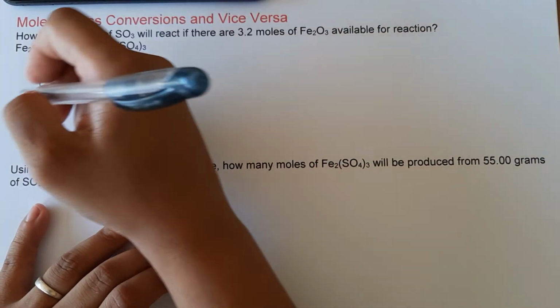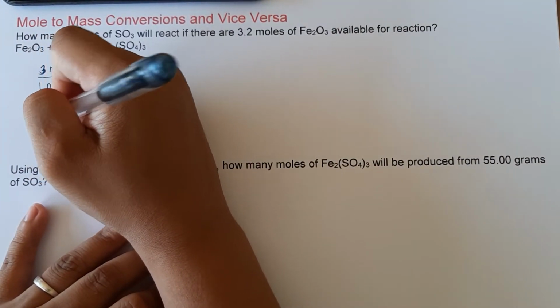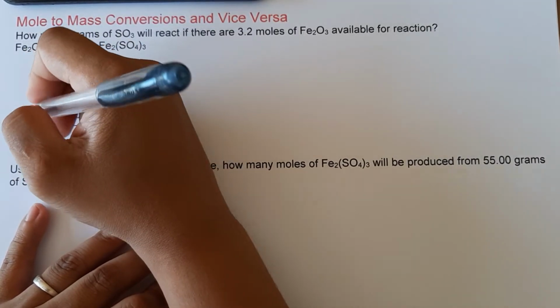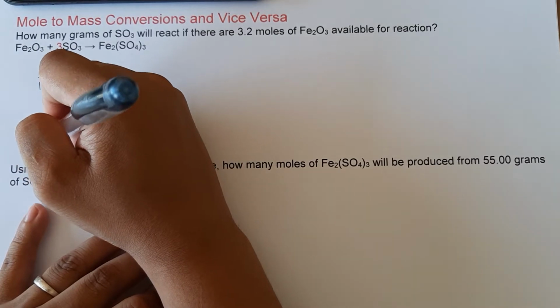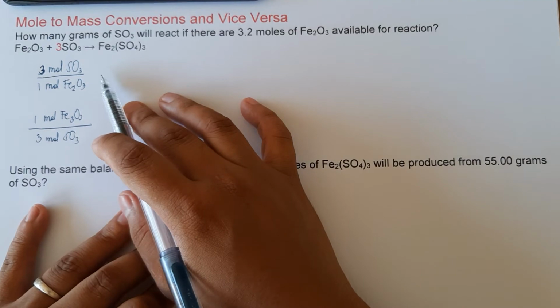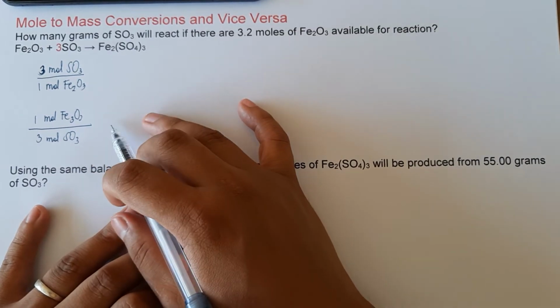Or, pwede rin naman na 1 mole of iron trioxide over 3 moles of sulfur trioxide. Maalin dito sa dalawa, depende doon sa ating magiging problem.